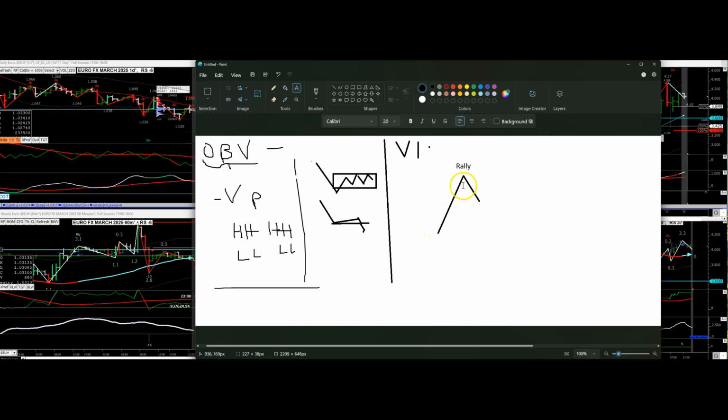If price went higher, there's no way for price to go higher without all the selling at lower prices being absorbed. So it was shaking and dancing over here, and all of it was absorbed. That's the only way price will shoot up. Price is shooting up because the supply has been absorbed at lower levels.